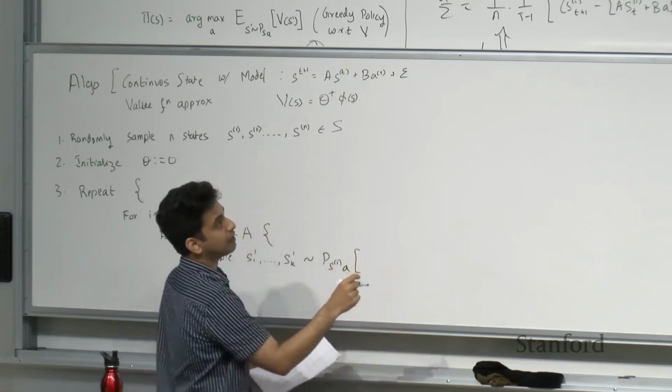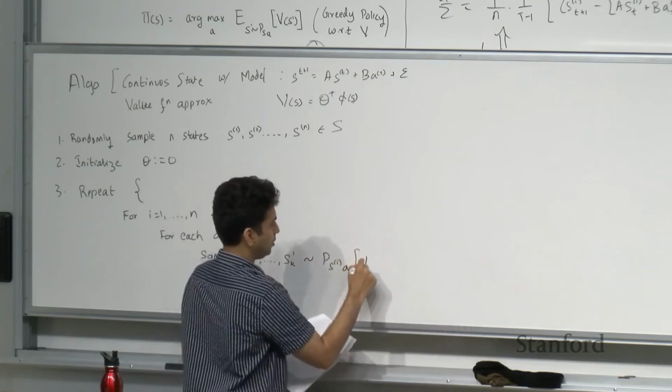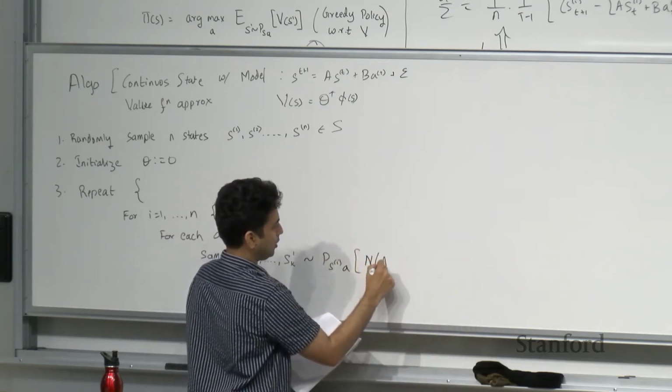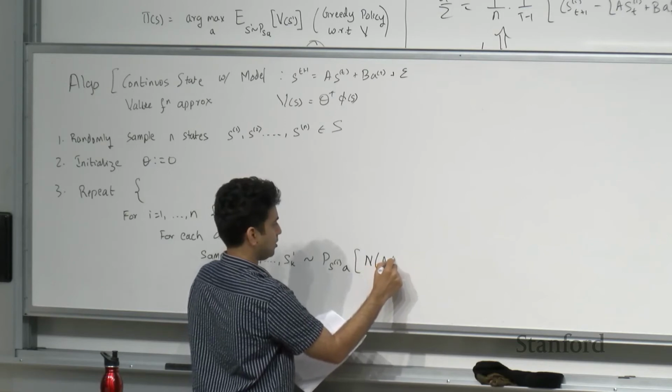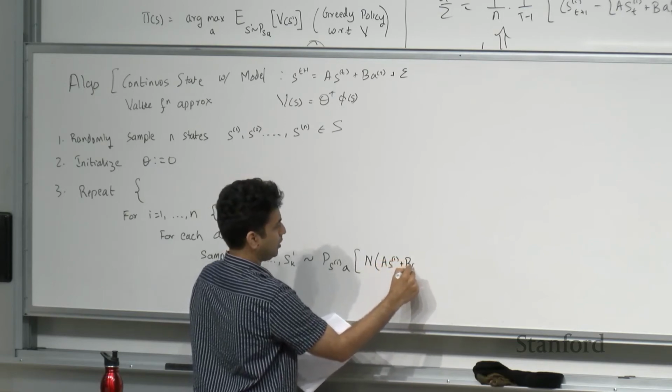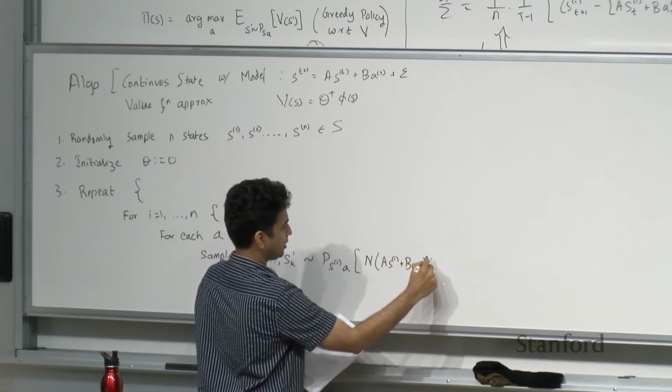In this case, it could be, for example, the normal distribution with A s_i plus B a and covariance sigma hat, for example.